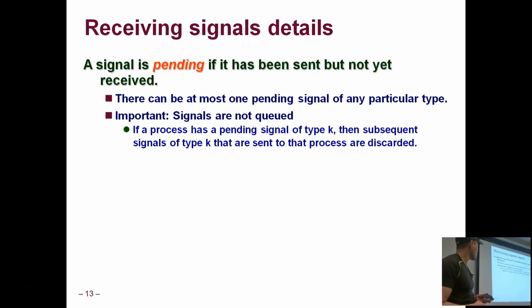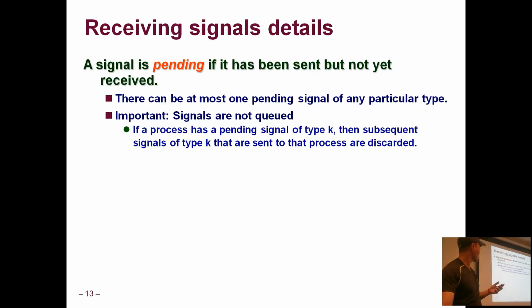Okay, some terminology. A signal is pending if it has been sent to that process but not yet received. That little piece of state that the kernel is sending the process takes a while between when the kernel sends it and when the process actually receives it. In between those two times, the signal is considered pending.